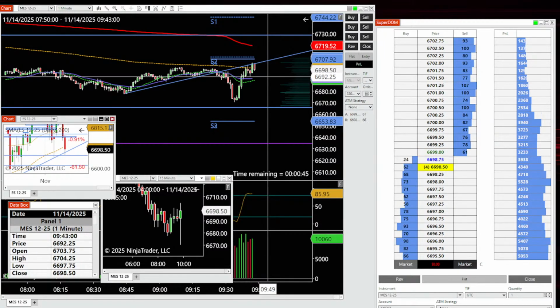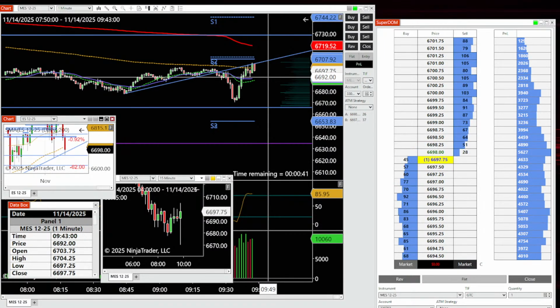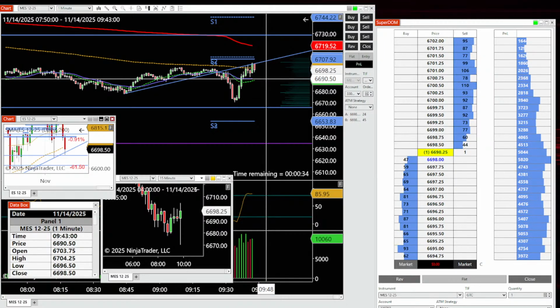Made lower highs. It's making higher lows. Don't mean it could stay there, but it's making higher lows.